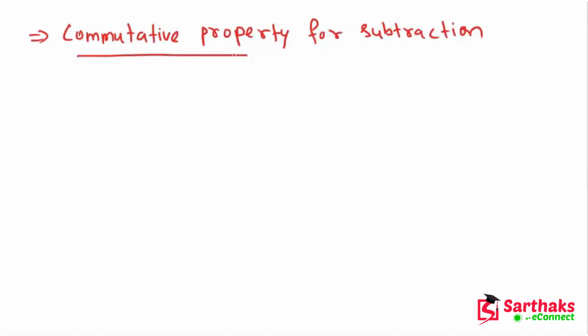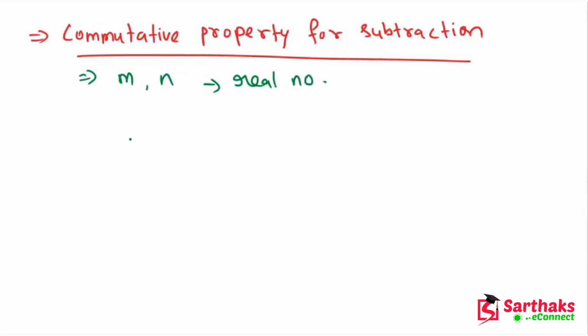Let's suppose we are taking m and n, two real numbers. If we do m minus n or we do n minus m, the results will be different.